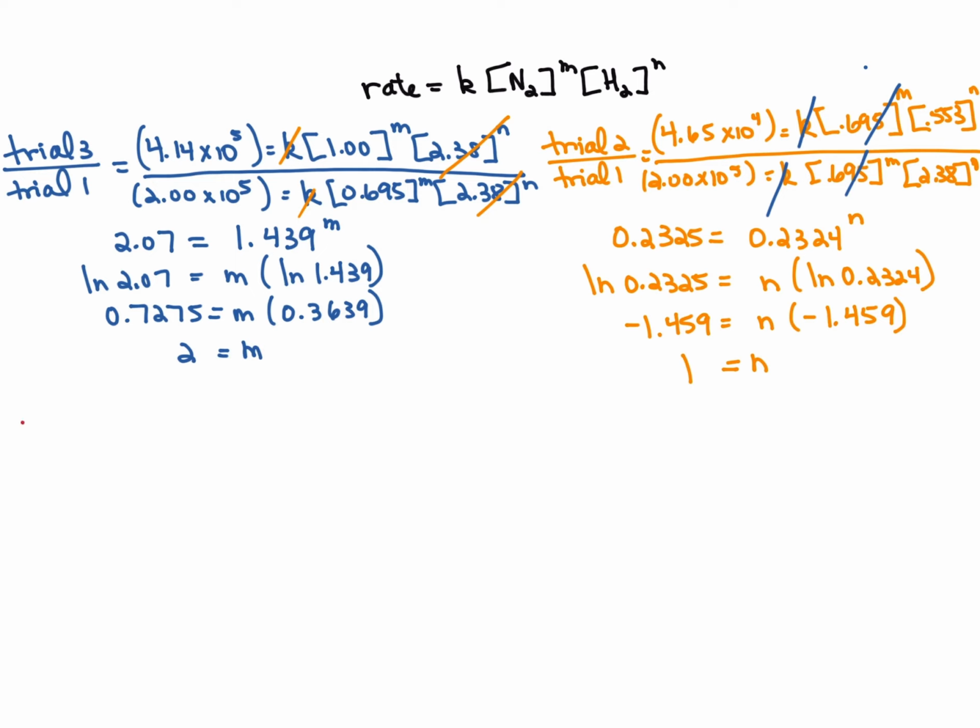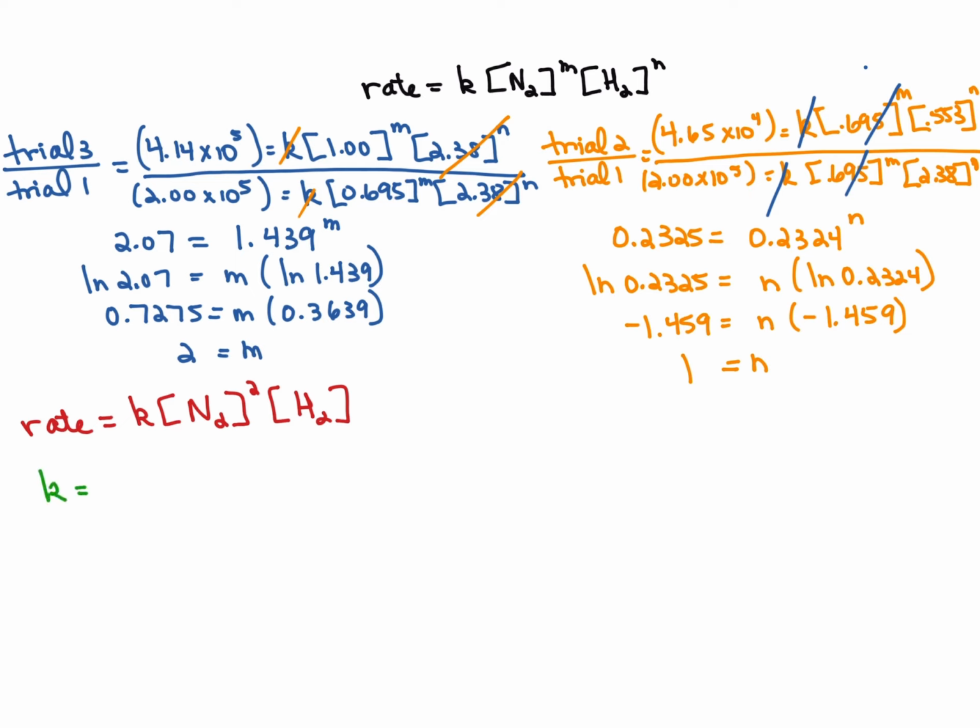So my rate is equal to K times the concentration of N2 to the power of 2 times the concentration of H2 to the power of 1. But we don't actually have to put the 1, it's kind of invisible. Okay, so the next thing I like to do is solve for my units. I'm going to rearrange this rate law equation.